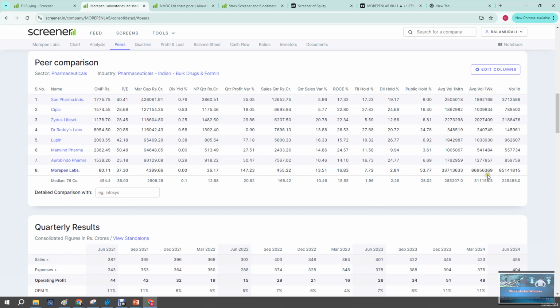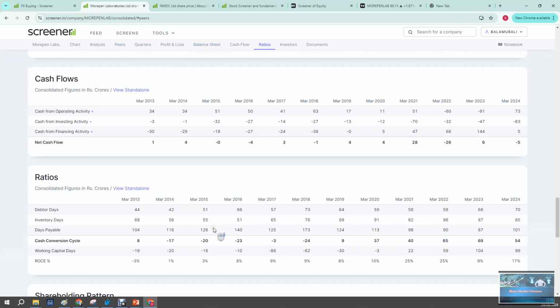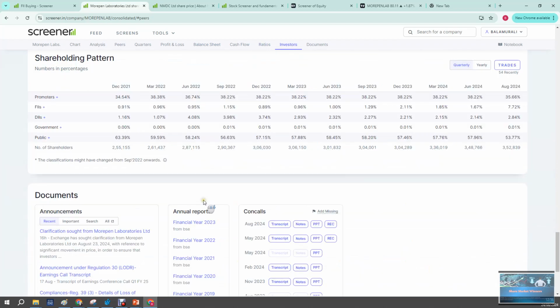You can also see the volume keeps growing compared to other stocks. Likewise, you can do a comparative analysis against other stocks. Then you can go into details of profit and loss, balance sheet, CAGR value, how the cash flow looks, and whether their profits are in loss.